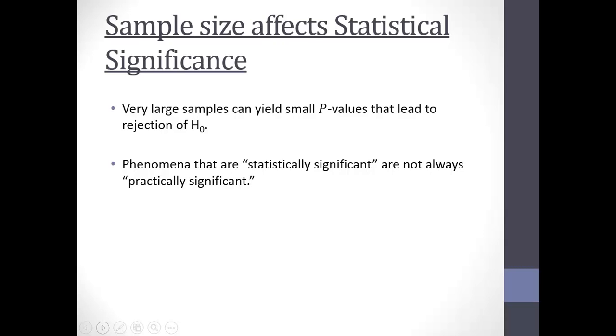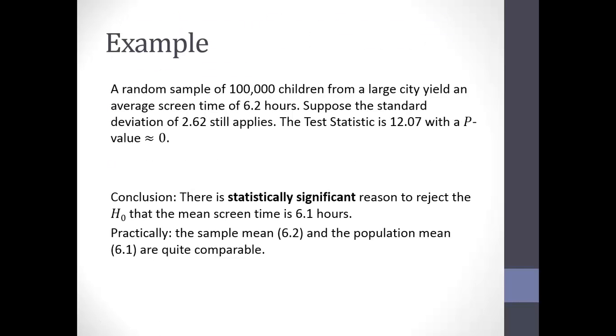As a quick example, suppose we're back in that first example in chapter 15. We were looking at screen time, and suppose that instead of just looking at Gavin, we looked at lots and lots of children, 100,000 children, and found that their average screen time was 6.2.